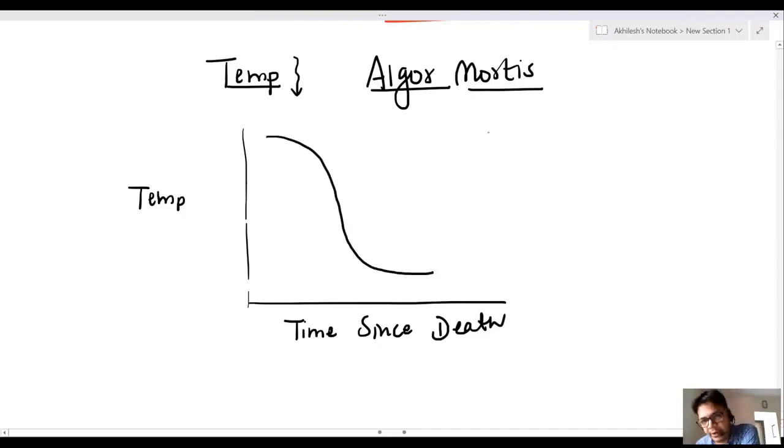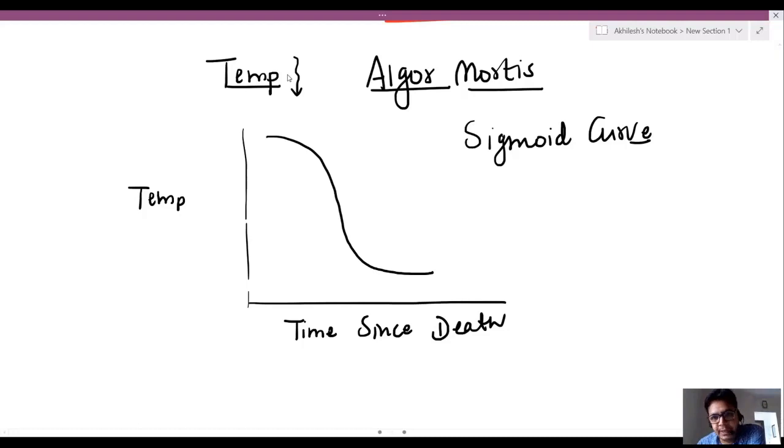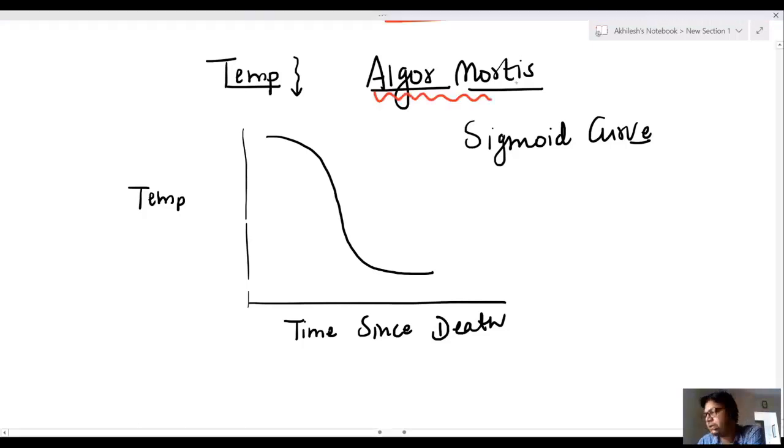This is a sigmoid curve. So temperature is decreased after death. This phenomenon is known as algor mortis.